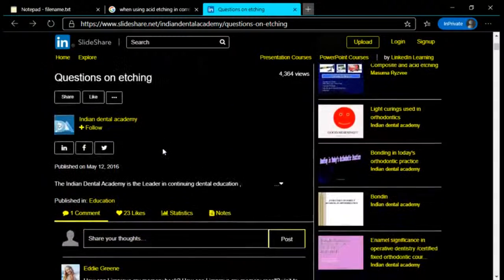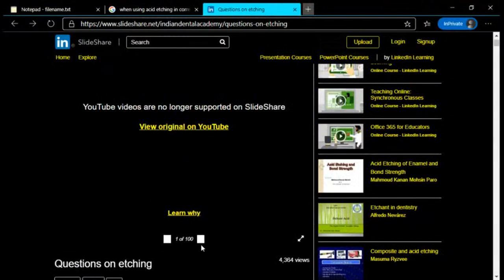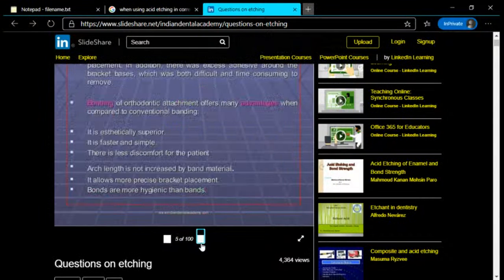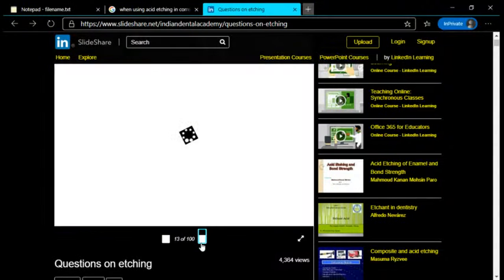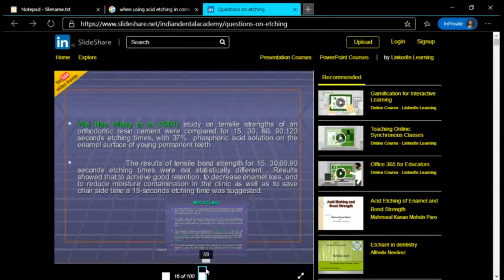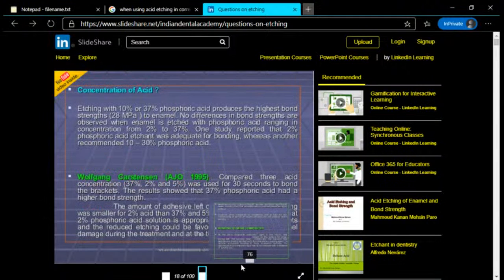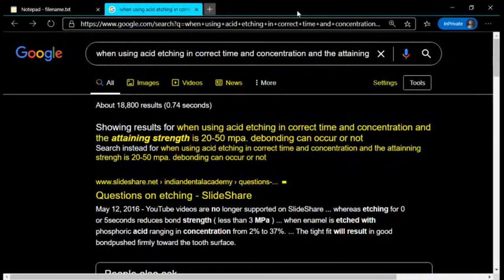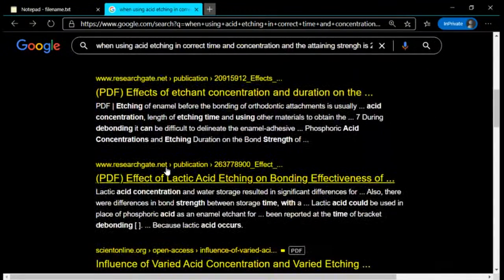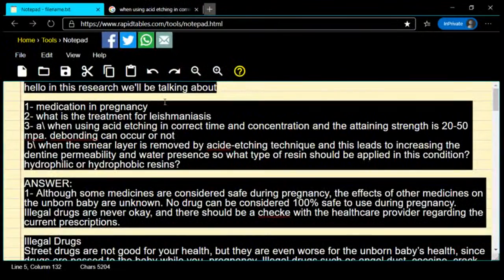This linked-in thing with bonding, we need to read an entire slideshare lecture containing 100 slides in order to know if using this etching can provide us with a good result or not. Let's answer it.